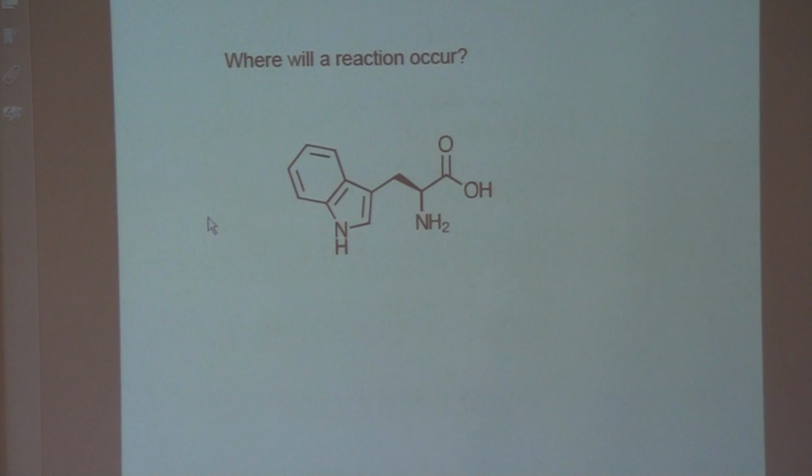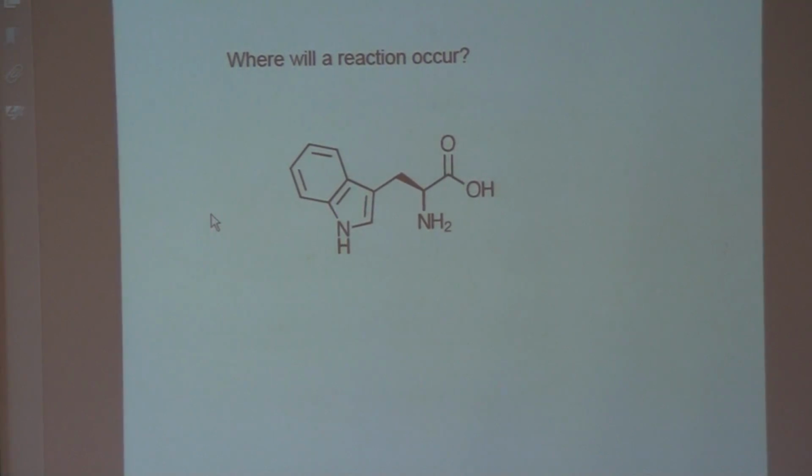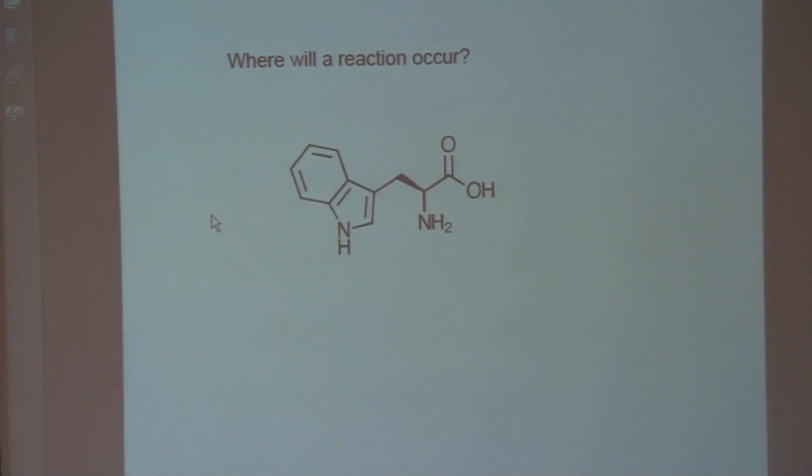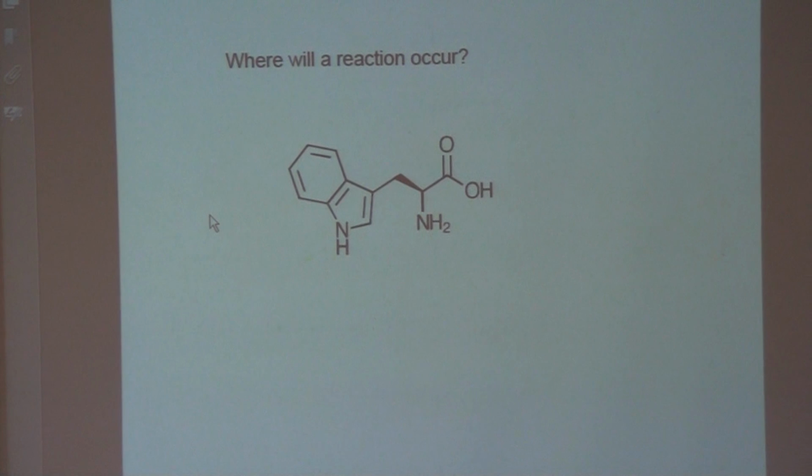Would it be the one that's less stable? Could be, but how would you figure that out? Okay, so remember when we looked at benzene, the one that's more stable.